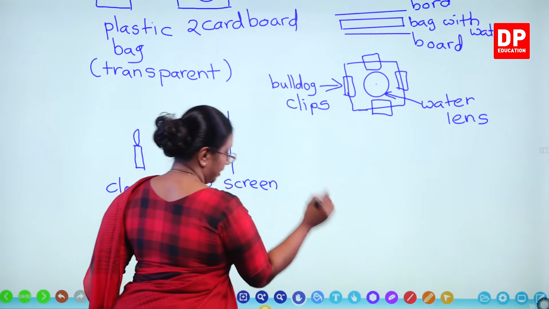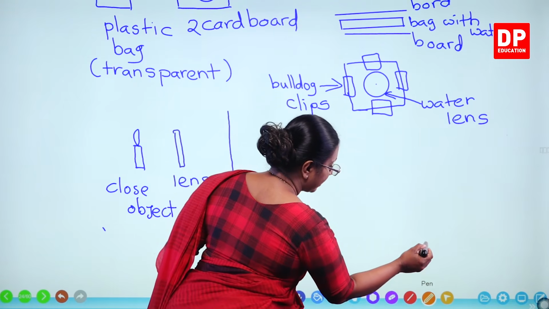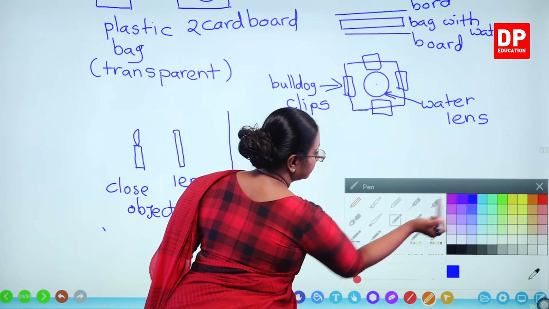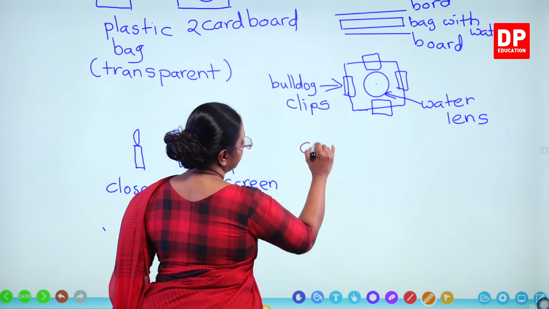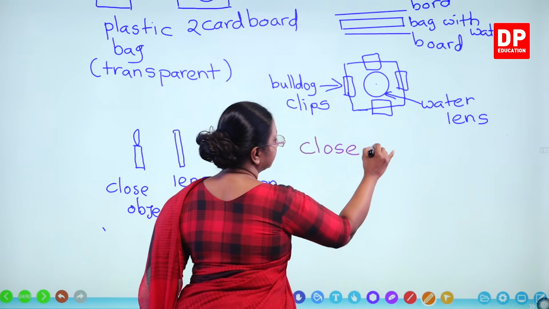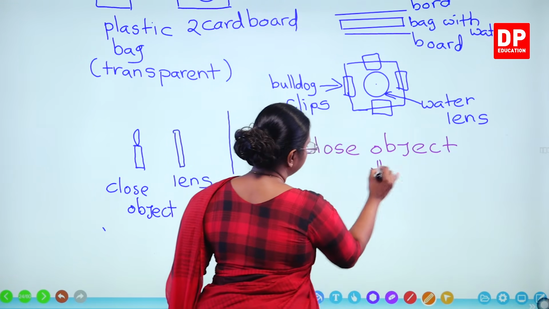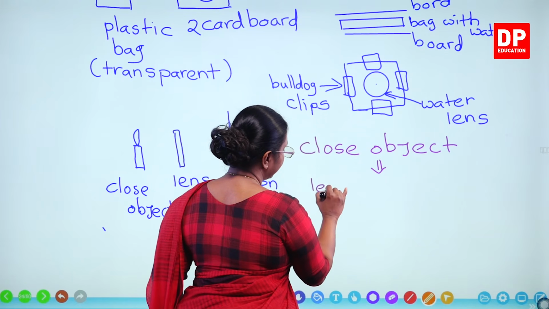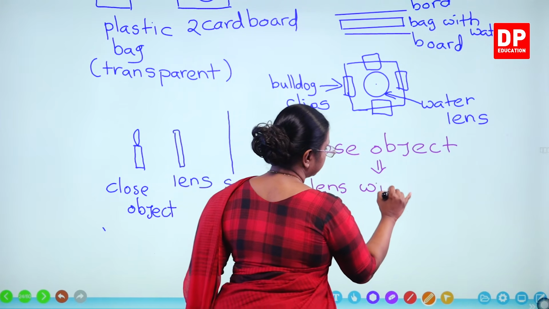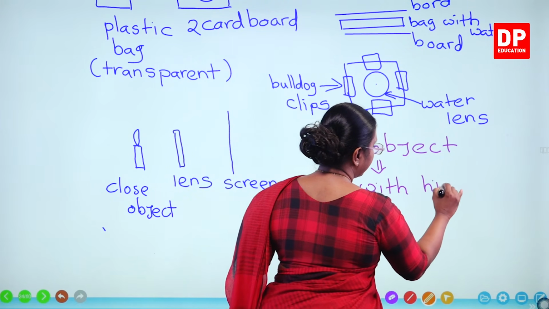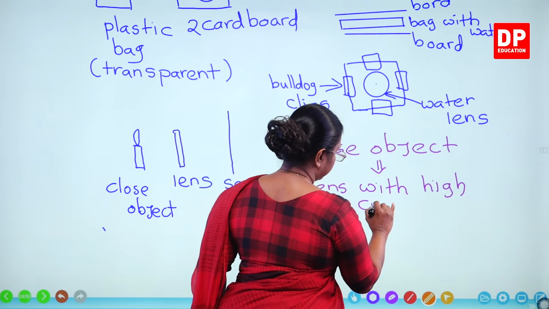So, if I write that like a summary for you all, you will have a close object. Then you need to have a lens with high curvature.